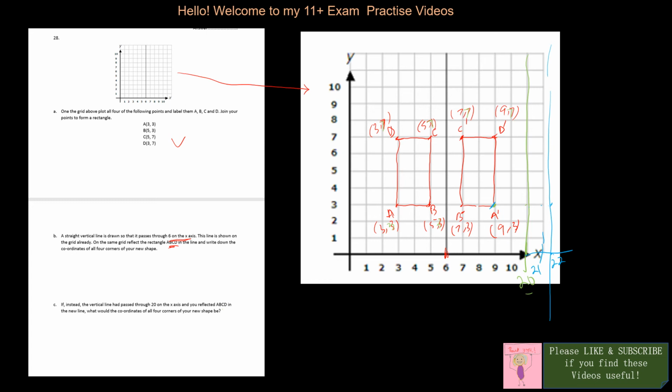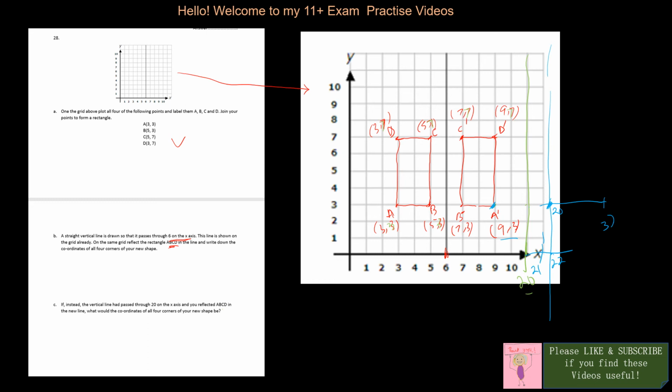It will be an equal distance from the line. If this is 20, that's what they're saying, the x coordinate is 20. Then from 9, 3, the 3 will remain the same, but the 9 will change.